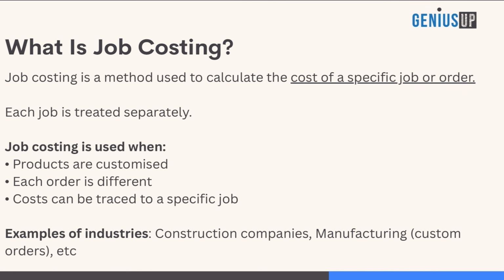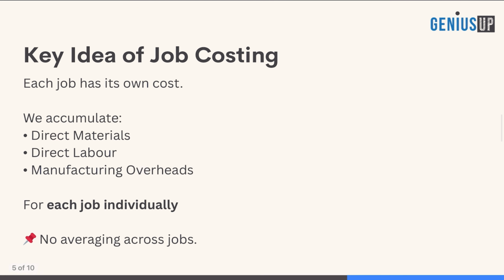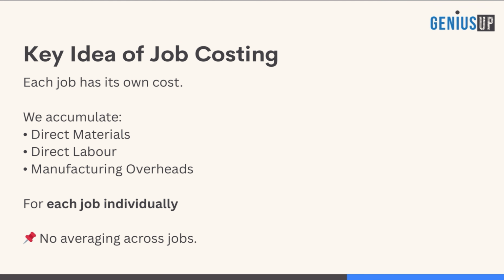Each of them is going to consume resources in its own specific way, because the products are customized and each order is different depending on the customer specifications. Hence why we have job order costing, to say each job is treated separately and then we cost the specific job or order. So the key idea of job costing is basically that each job has its own cost.